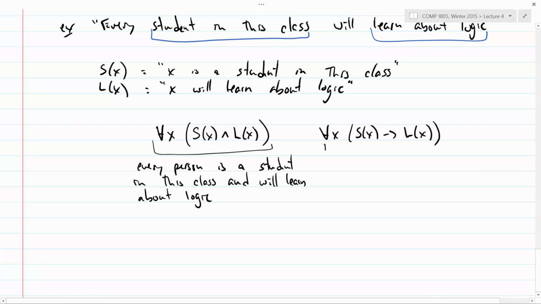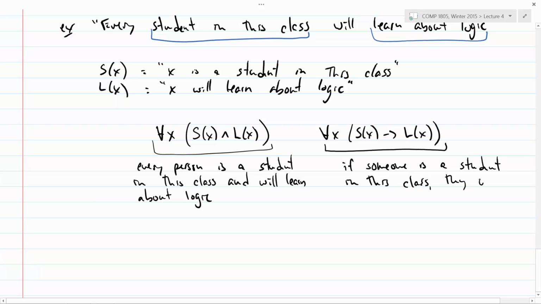The sentence on the right says, if someone is a student in this class, they will learn about logic. And that is an accurate translation of the meaning of the sentence we were given, whereas this one is not because it's too broad. Right? It says too much. Is that distinction clear? Yeah?